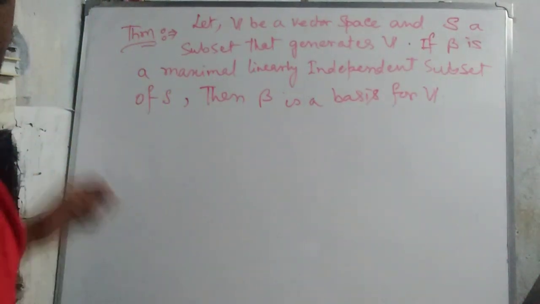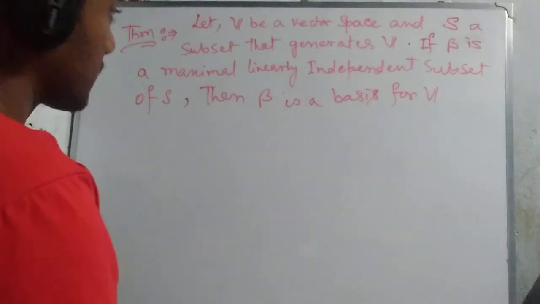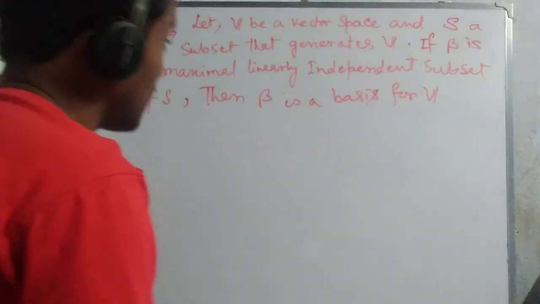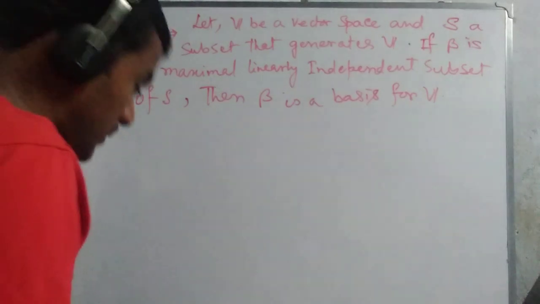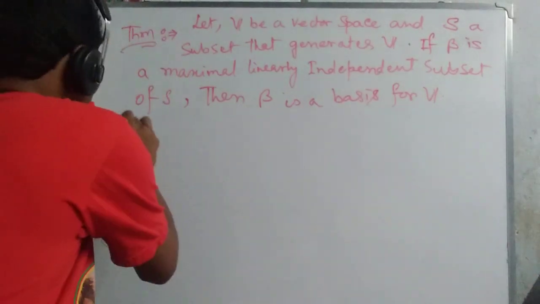That means V is a vector space, S is a subset that generates V, and beta is a maximal linearly independent subset of S, then beta is a basis, okay. We're going to prove that.